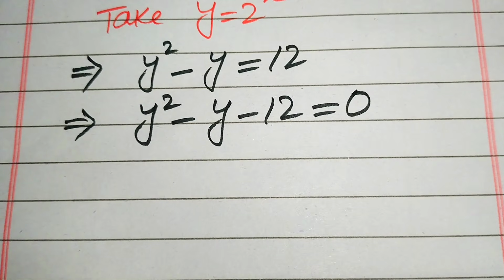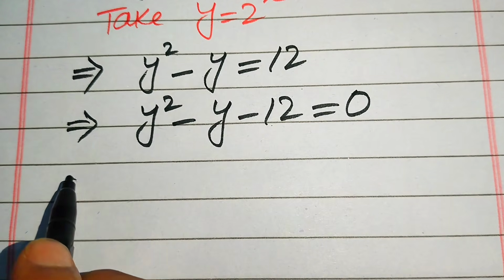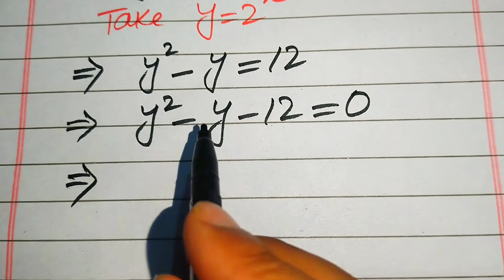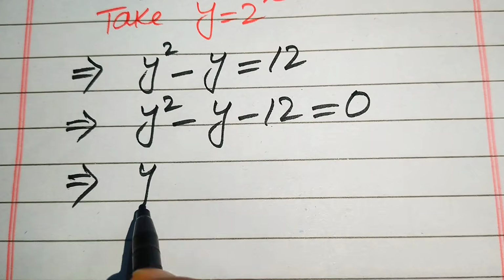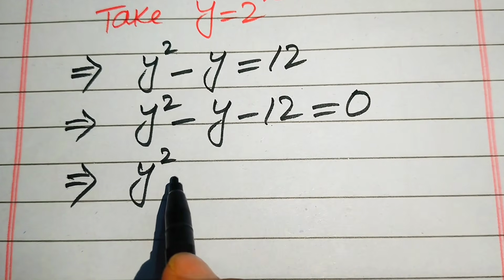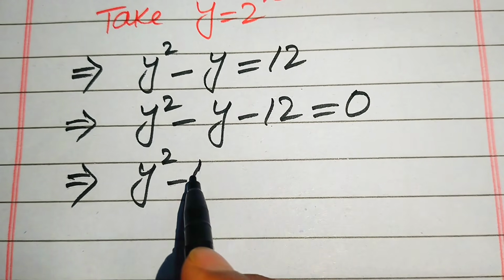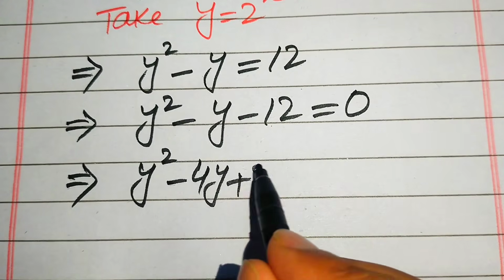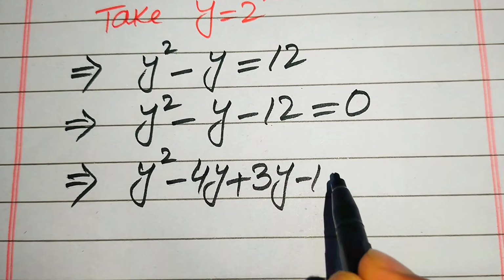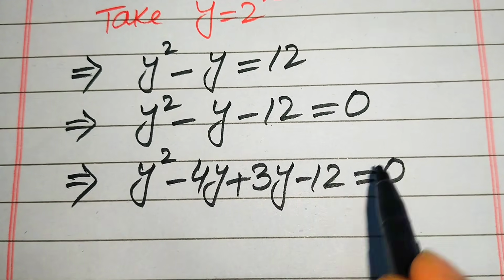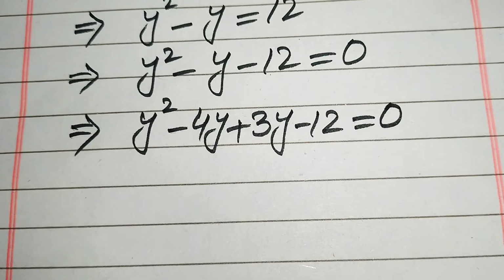So here we use the middle term break to make the factors of this equation. So in order to break its middle term, we write minus y in this form. We write minus y as minus 4y plus 3y, minus 12, and this whole equation is equal to 0.